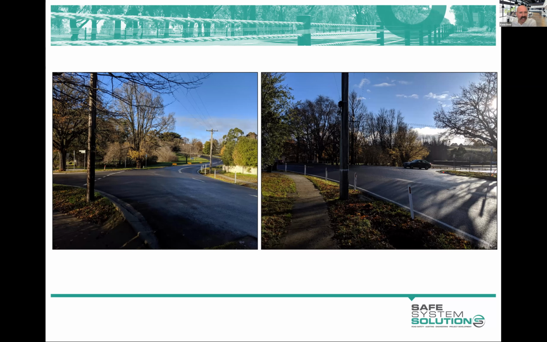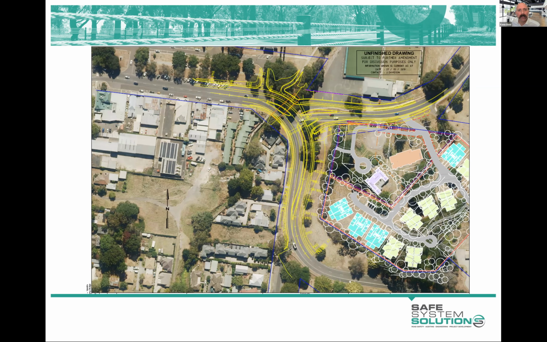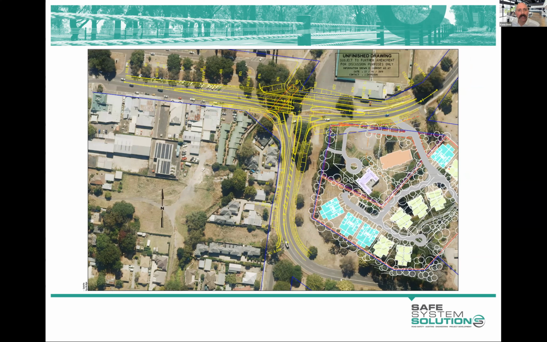You can see a bit of a footpath, and the plan is to build a roundabout at that location, or to build a set of traffic signals, or to do some major realignment work and build traffic signals again.